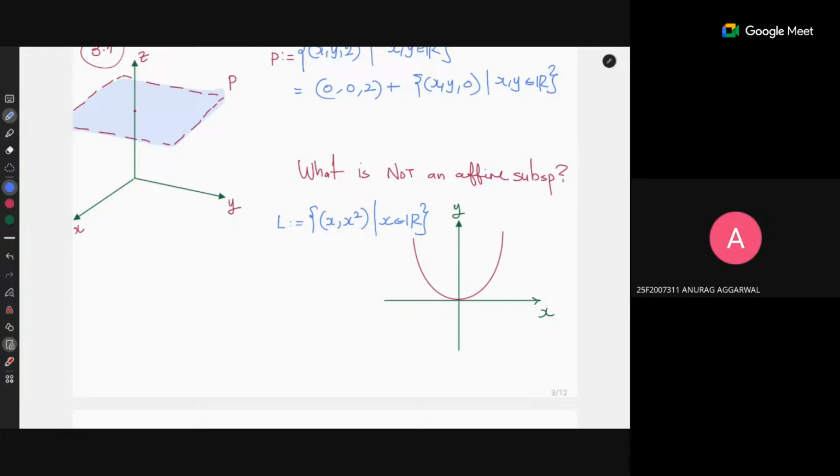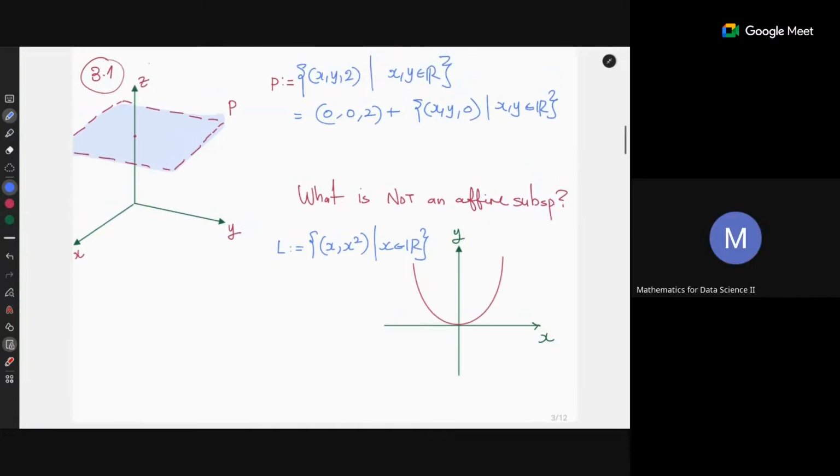No, sir. And why do you think so? Sir, x doesn't span all real numbers, right? It can't be obtained by shifting a subspace. Right. That is the correct way to think. It cannot be obtained by shifting a subspace.